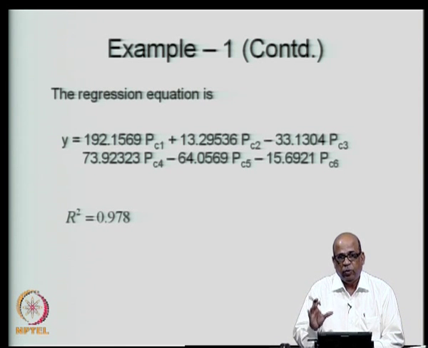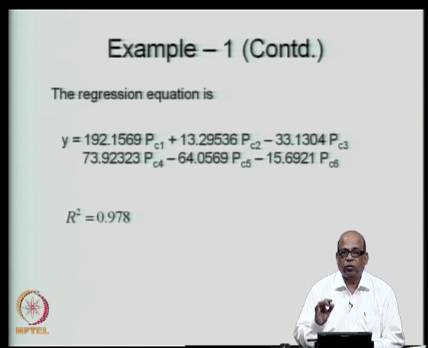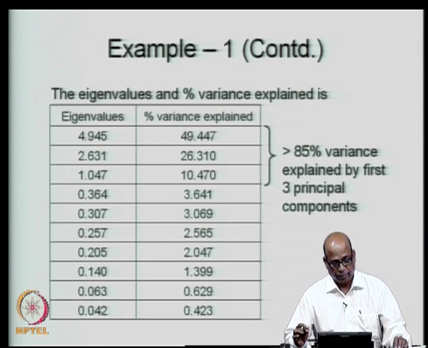Remember, the principal components are orthogonal to each other, and that brings to the fore the fact that if you discard some of the principal components and then redo the regression, your coefficients will still remain the same, and this is quite interesting. Let us look at that.